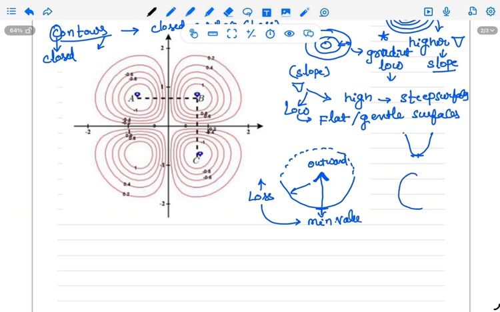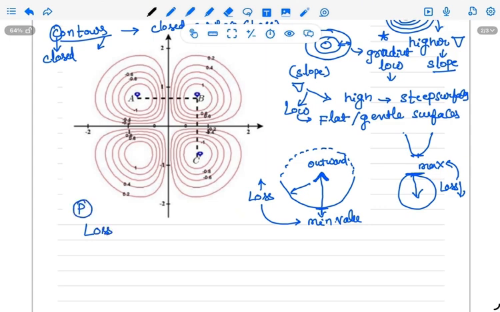In a contour, this is the maximum value. When we move outward, the loss value is decreasing. Then it is a maximum value. You have to remember two points.